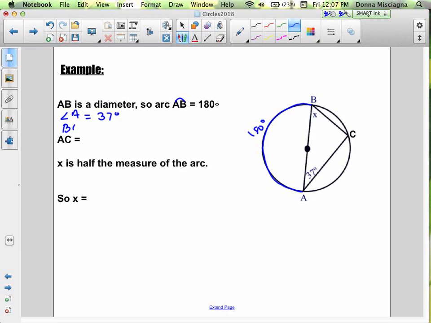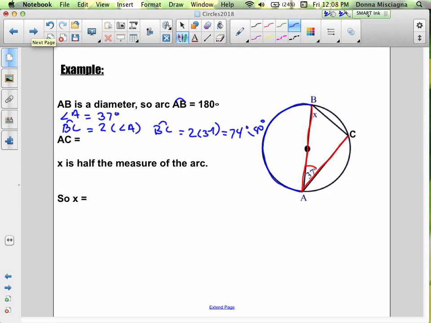That means that arc BC, right, so that's the arc, and if we follow the angle to the arc, we see that BC is the intercepted arc for angle A. So arc BC is going to be equal to 2 times angle A, which means arc BC is 2 times 37, or 74 degrees.